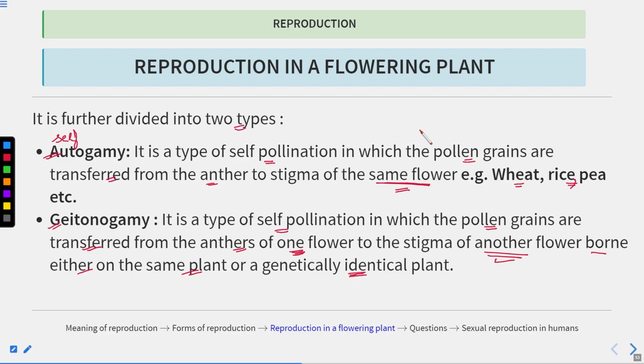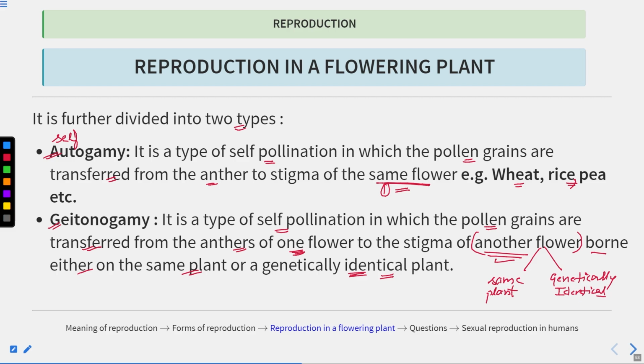So the first case was the transfer of pollens to the stigma of the same flower. The second is to another flower, and the flowers can be present on the same plant or a different plant which is genetically identical, or we can say transfer to the stigma of flowers that are genetically identical.